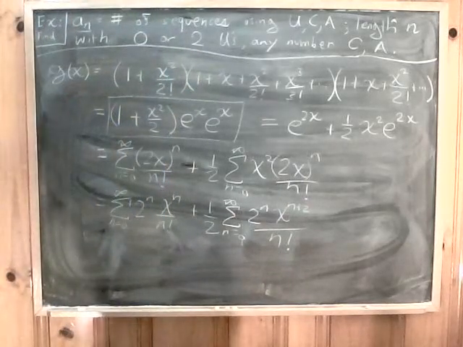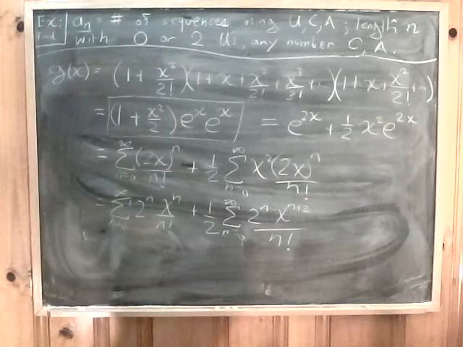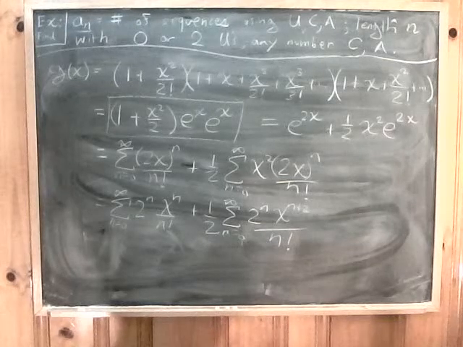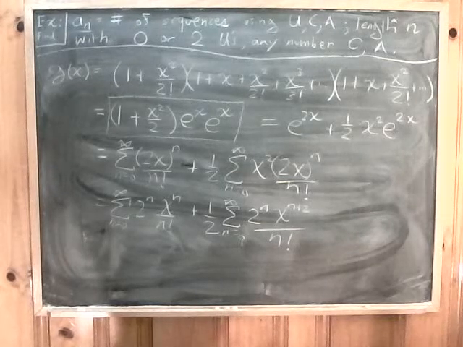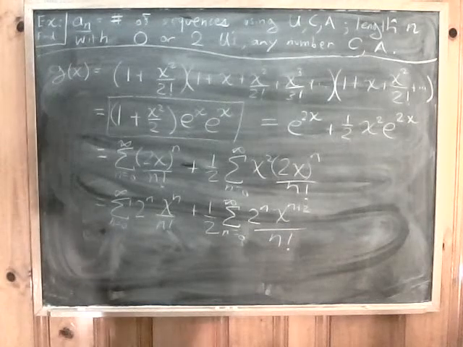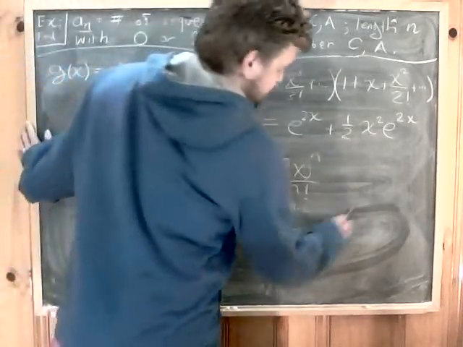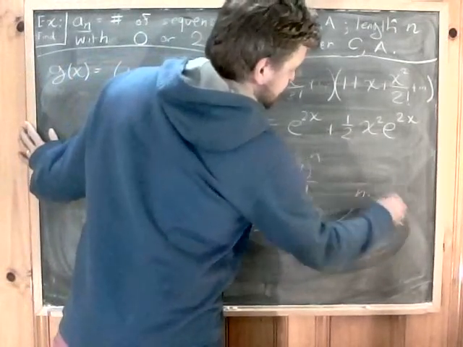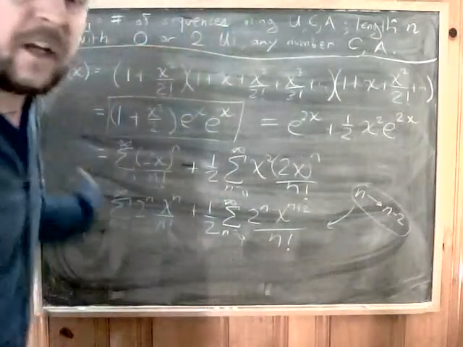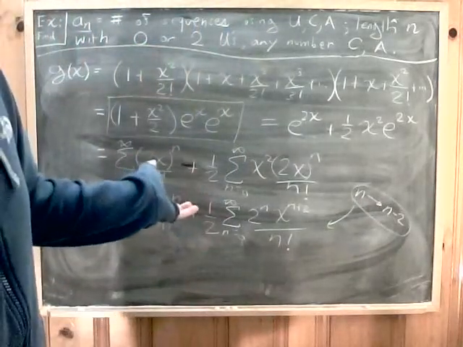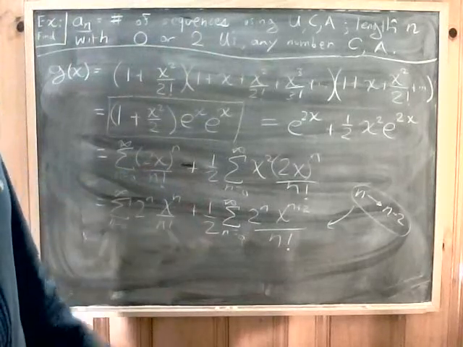Alright, so now I have x to the n plus 2, and I want x to the n. So I'll need to shift the index in that second sum. That means I'll replace every single n with n minus 2. When I replace every single n with n minus 2, which, by the way, you may have done at some point in the past, you're allowed to change variables if you want, as in the index counting variable.